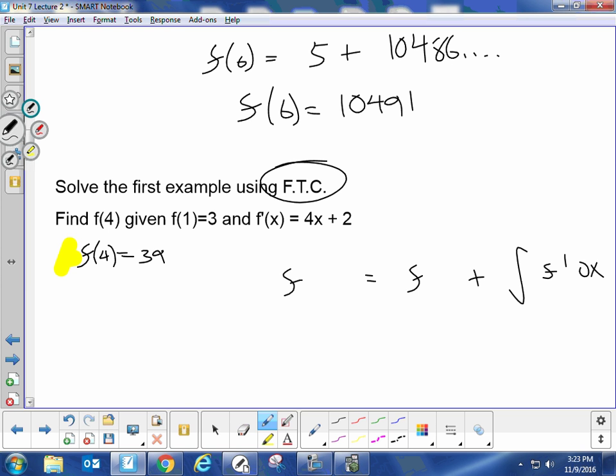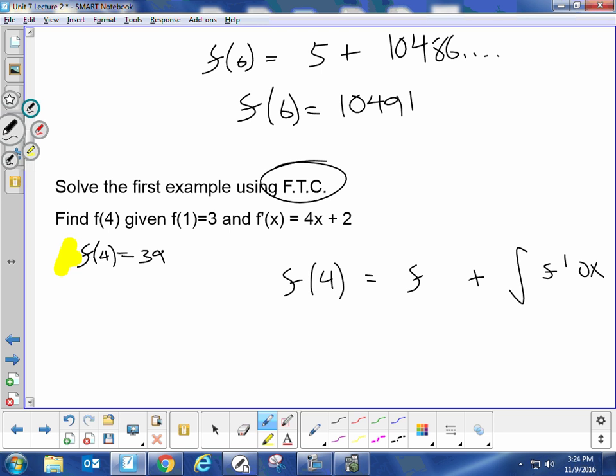Go. Well, the unknown is your b. Always. The unknown is always your b. And you should see that f of 4 is 39.